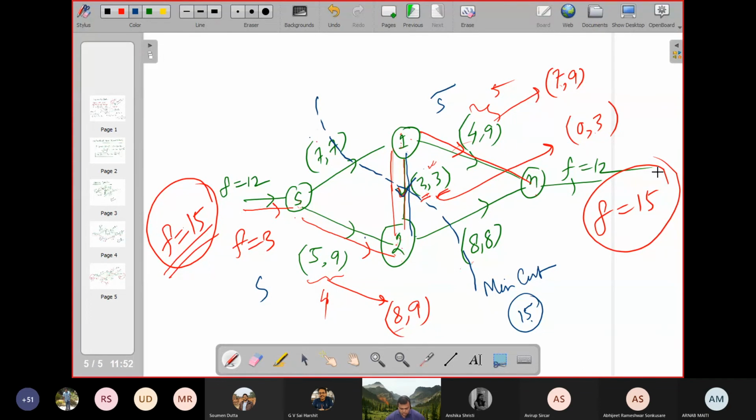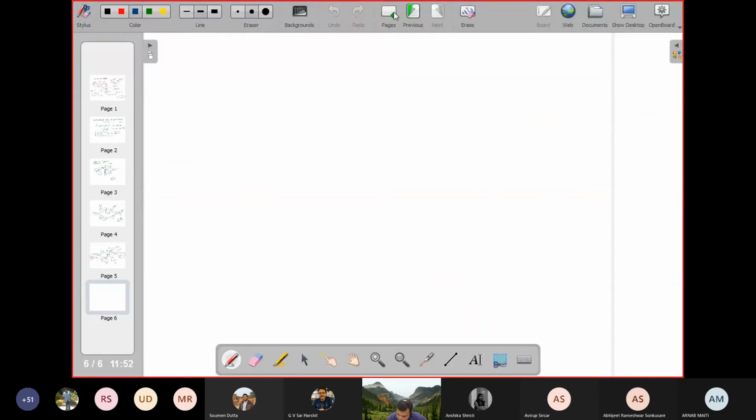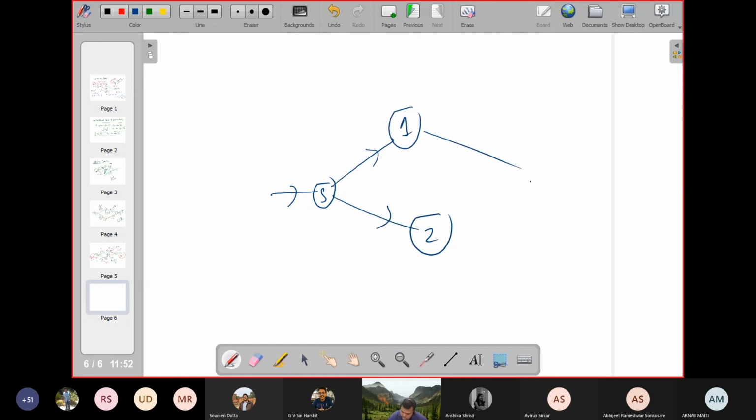Now some questions. What happens when we have undirected arcs? Same problem, say we have undirected arcs. How to handle those? Say I have this kind of graph: S, then 1, then 2, and then N, and an undirected edge from 1 to 2.